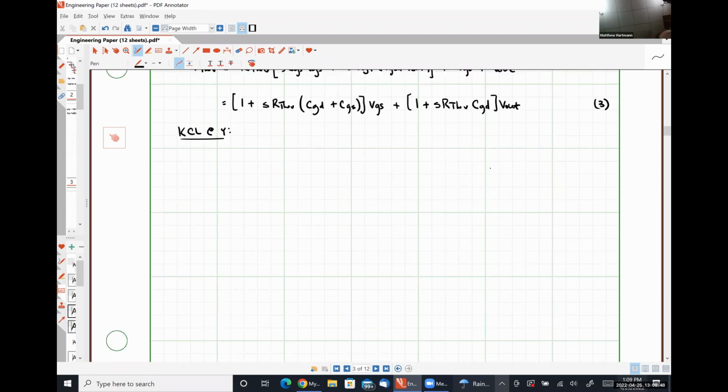So that's going to give me GM VGS plus S CGS VGS is equal to 1 over RS plus SCSB times V out.